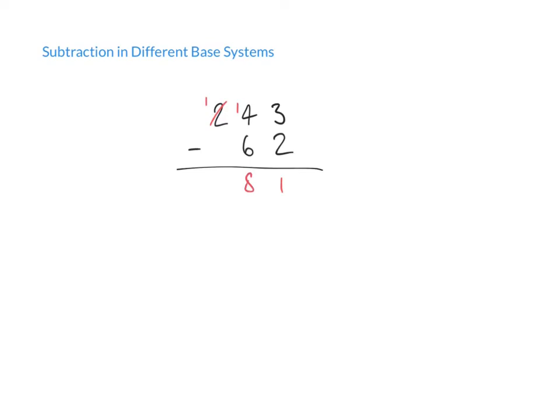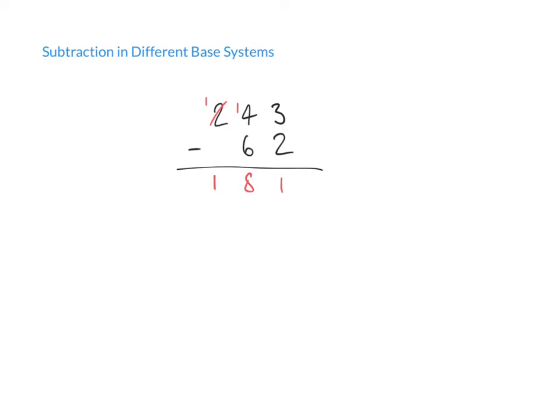And so 8 becomes our next result. And remember, we borrowed 1, so we've only got 1 left in that last column. So it's essentially 1 minus 0. There's nothing else there. And so we have 1 there. So 243 minus 62 gives us 181.